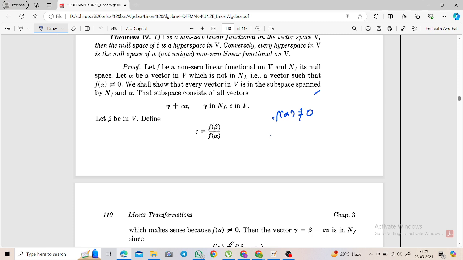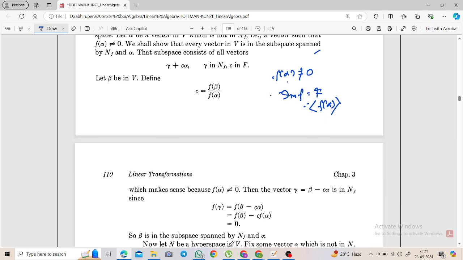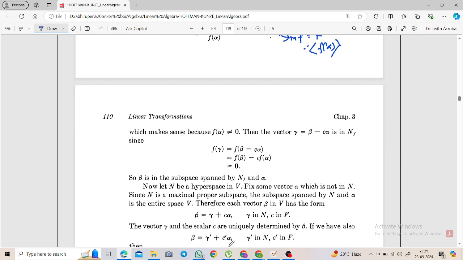The trick is the same here. If alpha is not equal to 0, then the image of f is generated by this. Now they are doing the absolutely same thing. The proof is exactly the same.